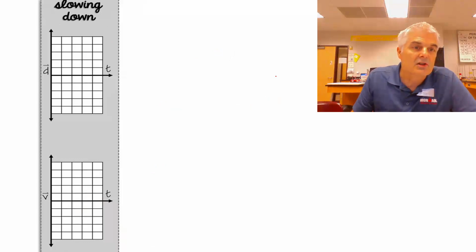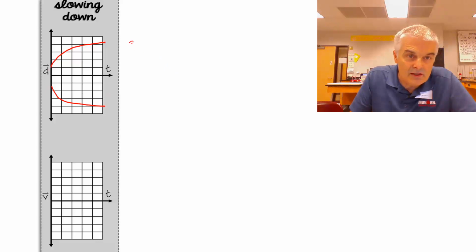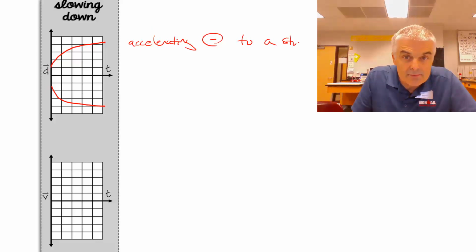So what about slowing down? If you recall, we said slowing down towards the north looked like this, right? And slowing down from the south looked like this, so the kind of mirror images. Both of these are accelerating in the negative direction to a stop, right?